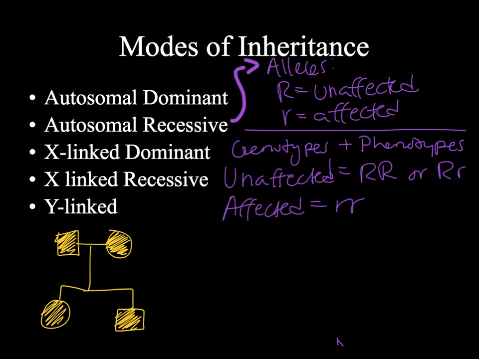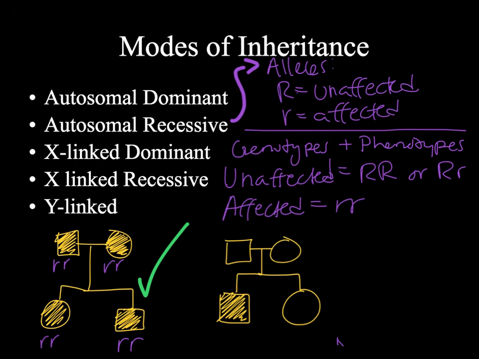That's because if they are affected, they must have the homozygous recessive genotype, and therefore they can only give the recessive allele to their children, and all of their children will be homozygous recessive like their parents. And two unaffected parents can have affected children if the unaffected parents are heterozygous.